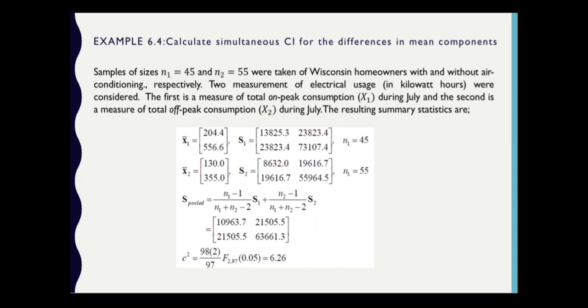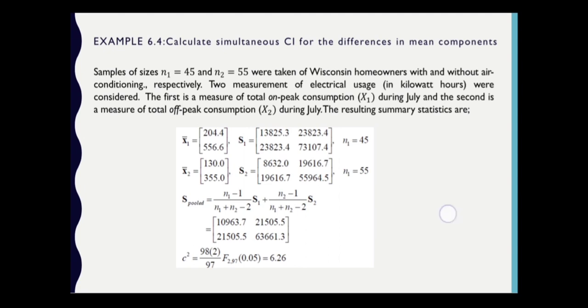Okay, let's see the example. This example is actually example 6.4 in your textbook, page 289. Calculate the simultaneous confidence interval for the differences in mean components of two populations. Let's say the sample size for the first population is 45 and the second population is 55, taken from Wisconsin homeowners with and without air conditioning.